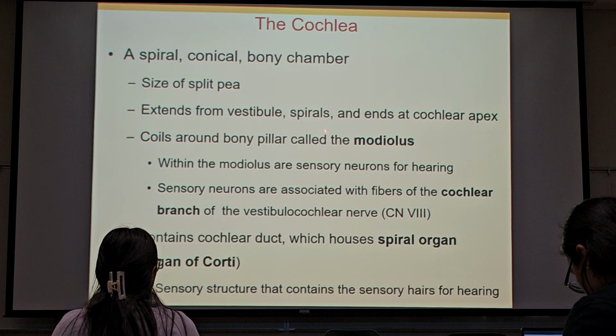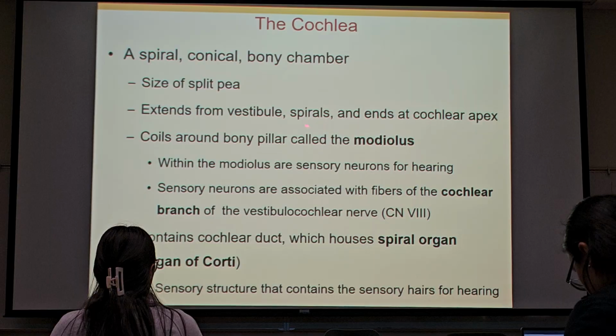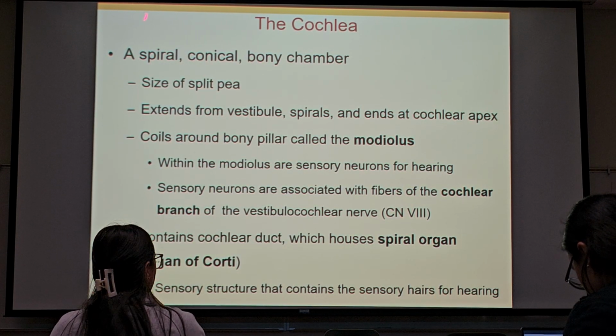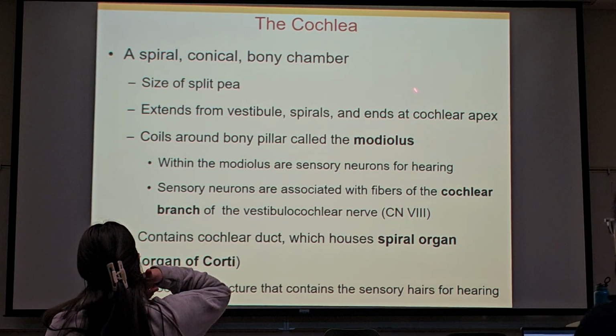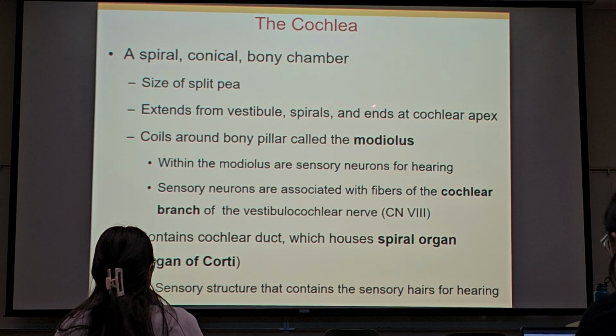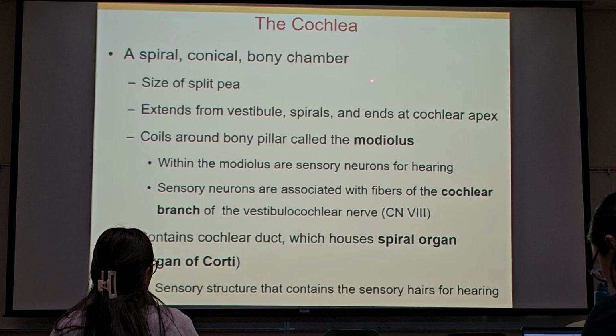It extends from the vestibule and those semicircular canals, and as it extends from the vestibule, it spirals. And at the very center of the spiral is its apex.